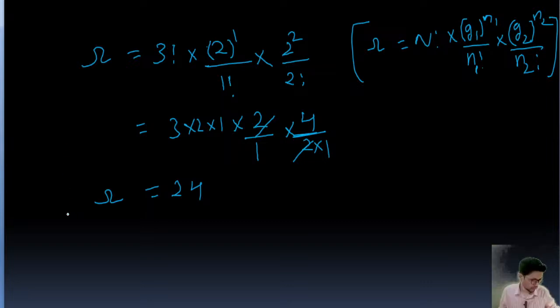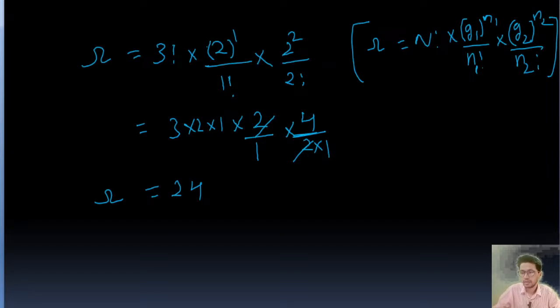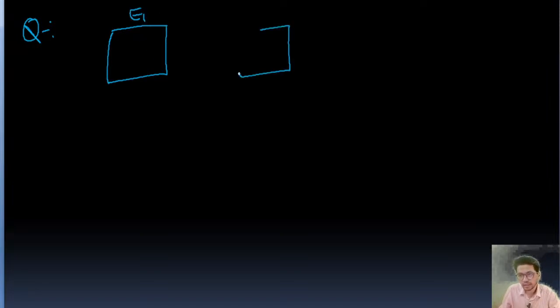Okay, so the next question is this one. We have been given two energy levels, two energy boxes, E1 and E2.